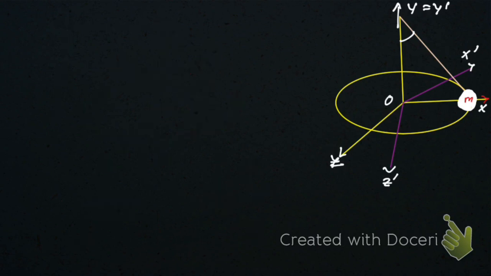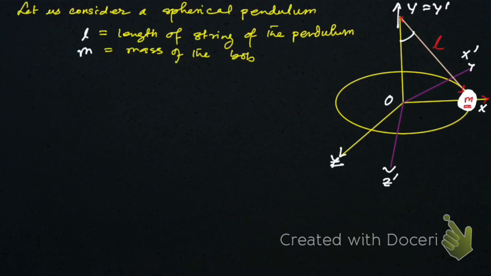Now you see, let me consider the length of the thread of this pendulum to be L, and its mass be M, right? Let me consider it that way. So here we have considered a spherical pendulum whose bob has mass M, and the length of its string is L, right?